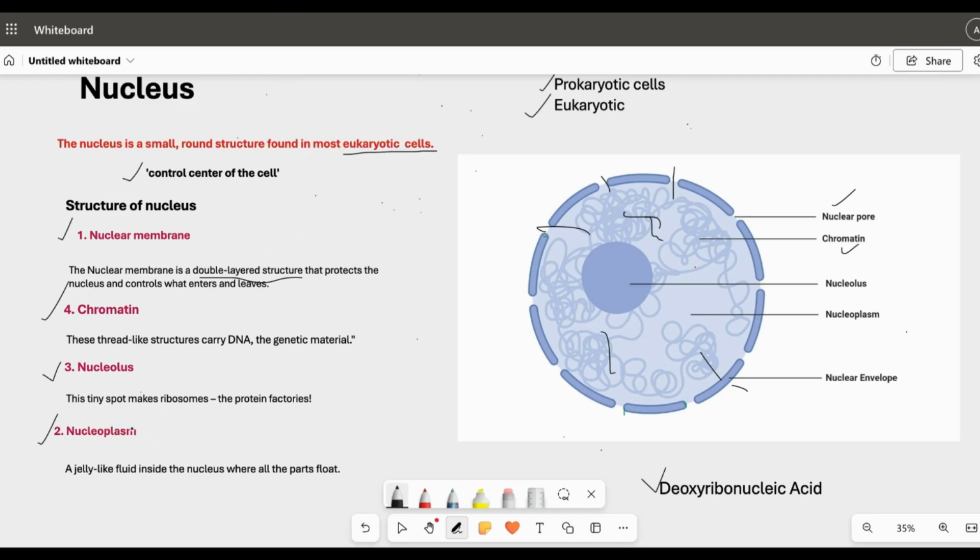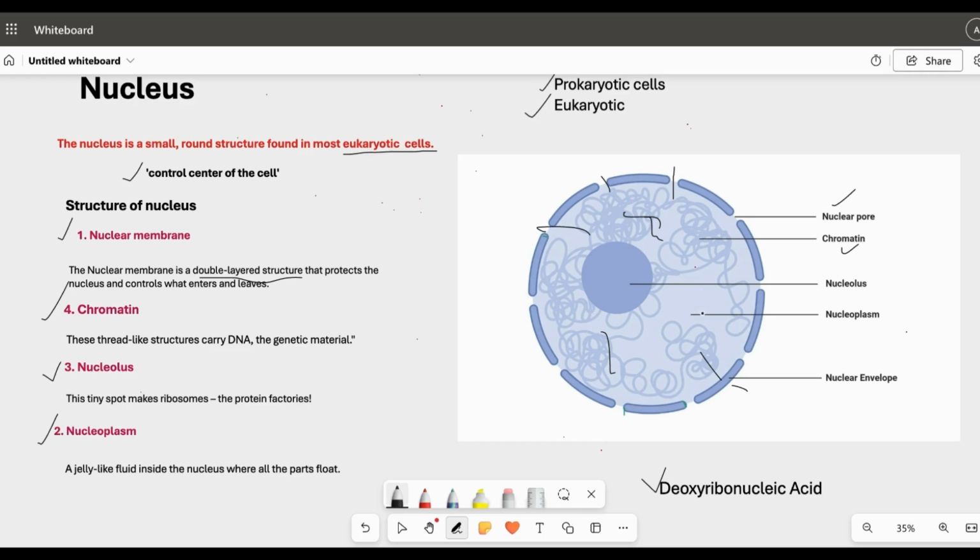So what is nucleoplasm? A jelly-like fluid inside the nucleus where all the parts float. So it's kind of like a thick liquid or gel, and it fills up the whole inside of the nucleus. Everything inside the nucleus like chromatin, DNA and the nucleolus is floating in this nucleoplasm, and it helps keep everything in place and also lets things move around easily inside the nucleus.